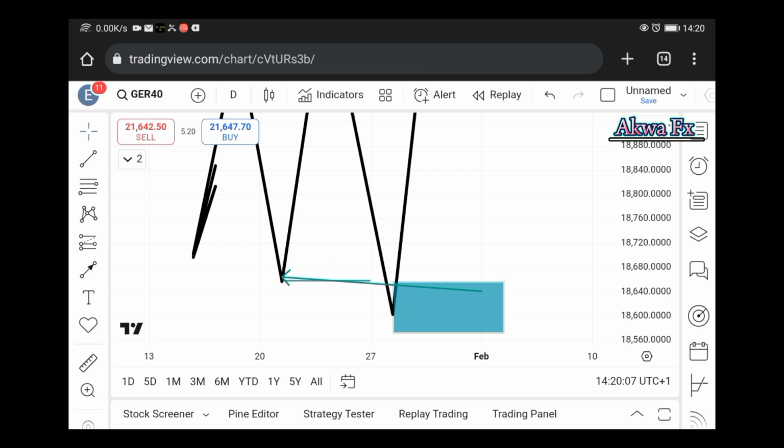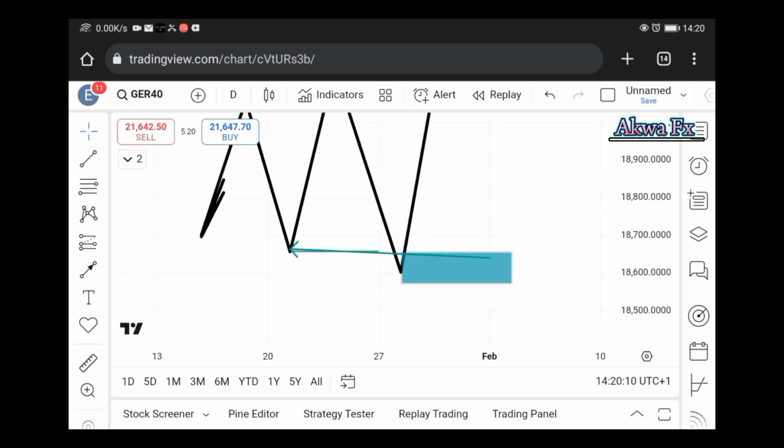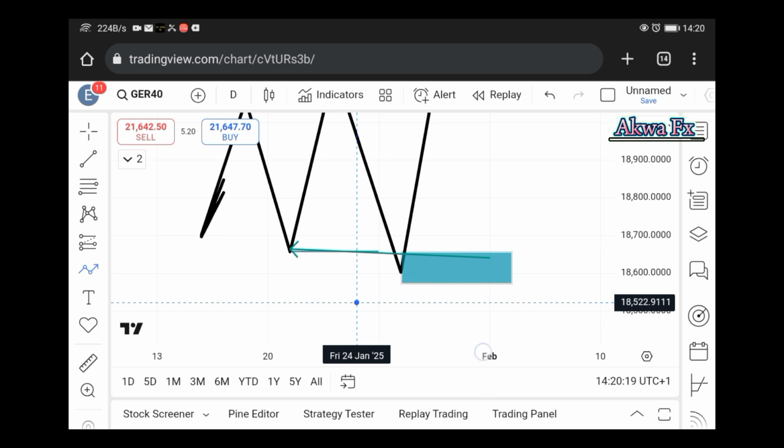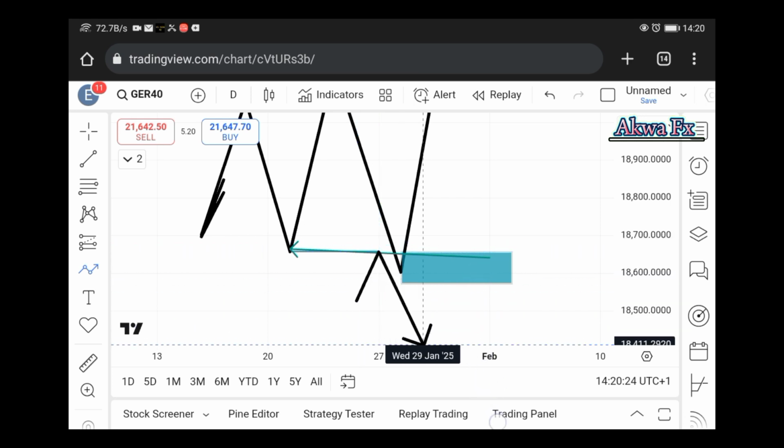This shows you that this market now has changed its direction to the bearish scenario. So there are people that will be waiting upon the market retesting this very particular zone again. They will want to take the trade to the downside, thinking the market has broken structure to the downside.